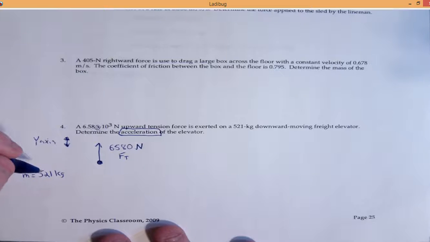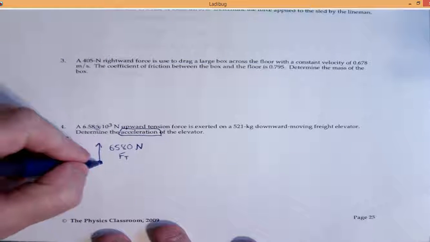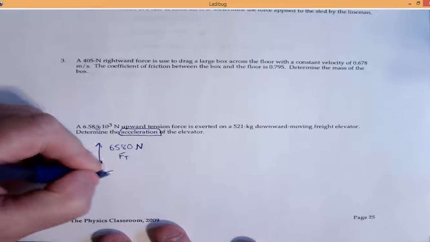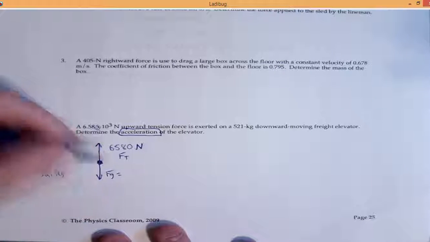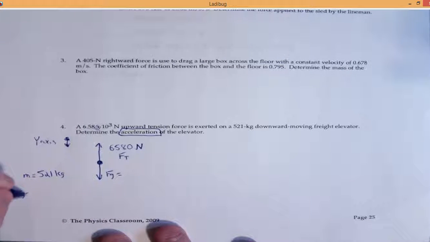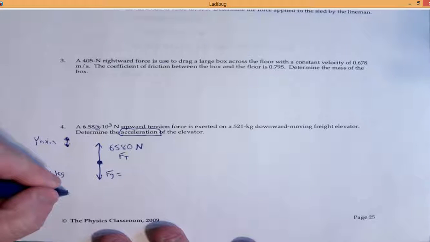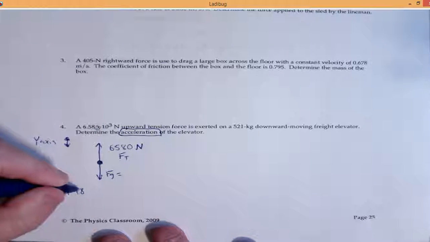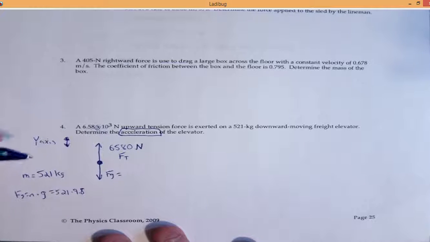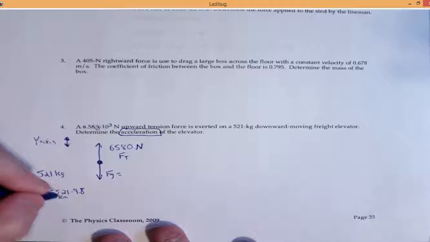Okay? So, let's do force of gravity. So we know the force of gravity equals mass times gravity, which equals 521 times 9.8. 521 is our mass, right?